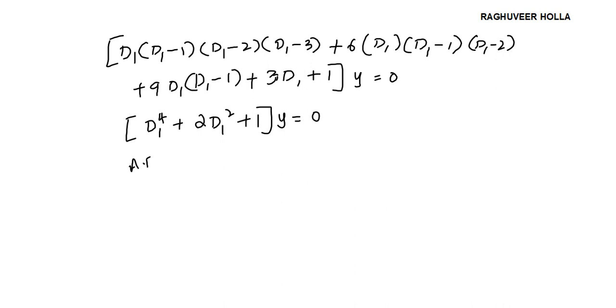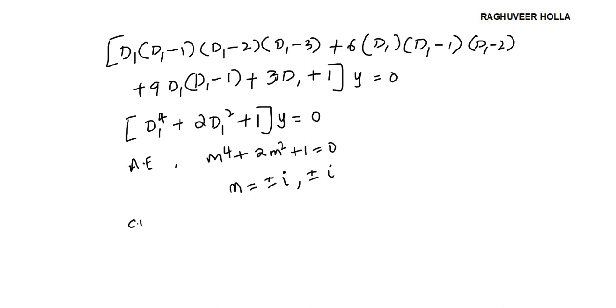The auxiliary equation would be m power 4 plus 2m square plus 1 is equal to 0. So you will be having 4 roots here. The roots we get are m as plus or minus i and plus or minus i. So the roots are repeated. Let us write the complementary function corresponding to that.